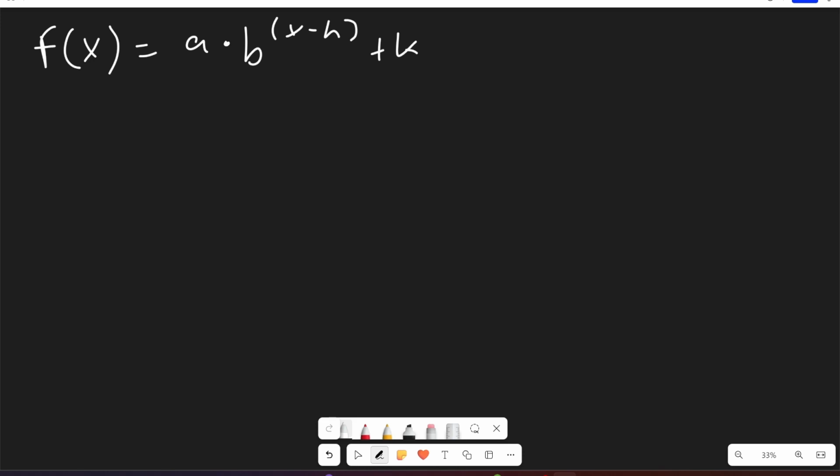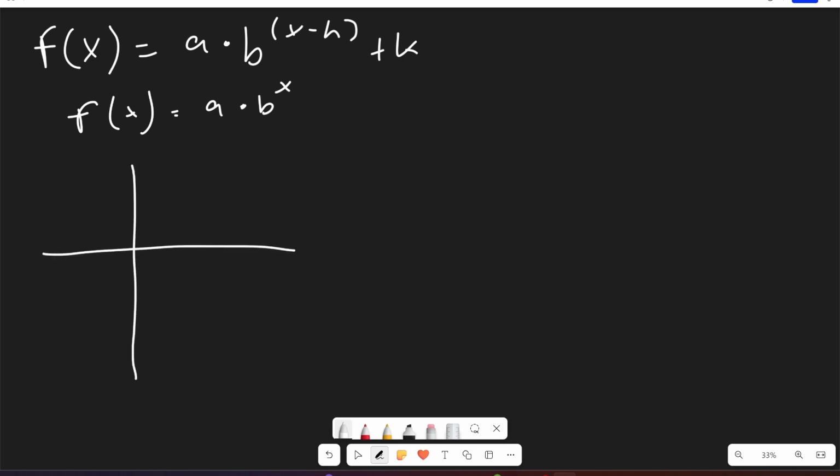So essentially this right here would just be the parent exponential graph, and the graph would essentially look something like this. If I just sketch it real quick, it'll look something like that. And we can note that the y-intercept is always going to be at 0, a.